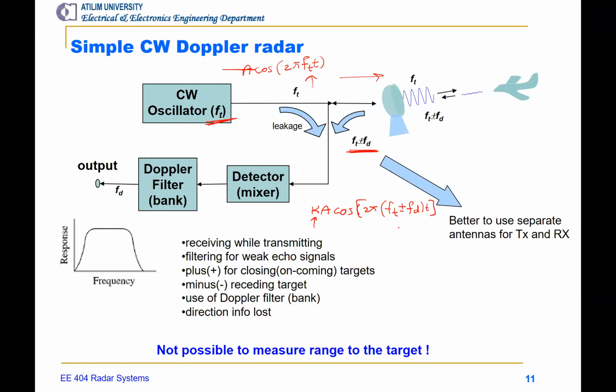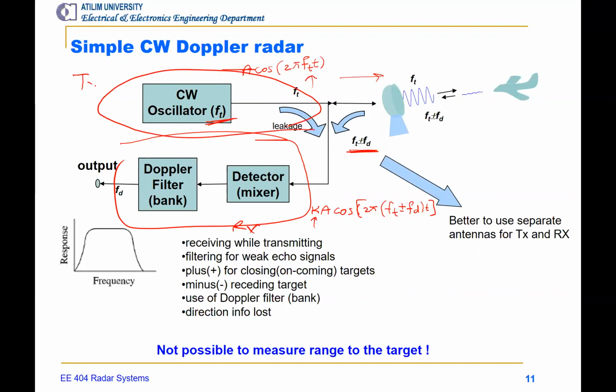Okay, so this is a signal that we can get from the receiver, and there's going to be a leakage from the transmitter, a very weak signal coming from the oscillator, so the transmitting section, to the receiver. So we can take this receiver, for example, and here is the transmitter.